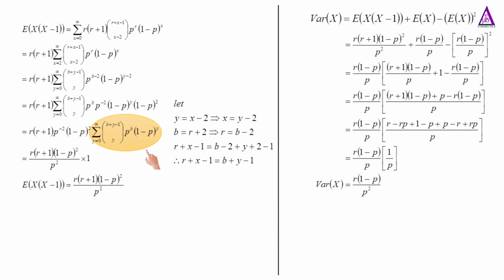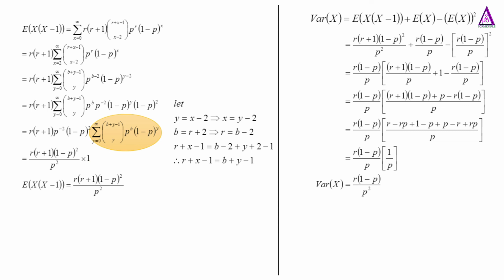And we know that the summation, y ranges from 0 to infinity, b plus y minus 1 combination y, p raised to the power b into bracket 1 minus p raised to the power y, is the probability distribution function of the negative binomial. So therefore this one is now equal to 1.